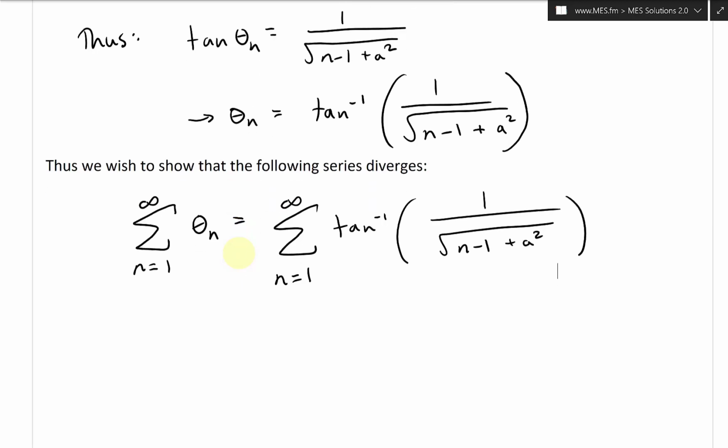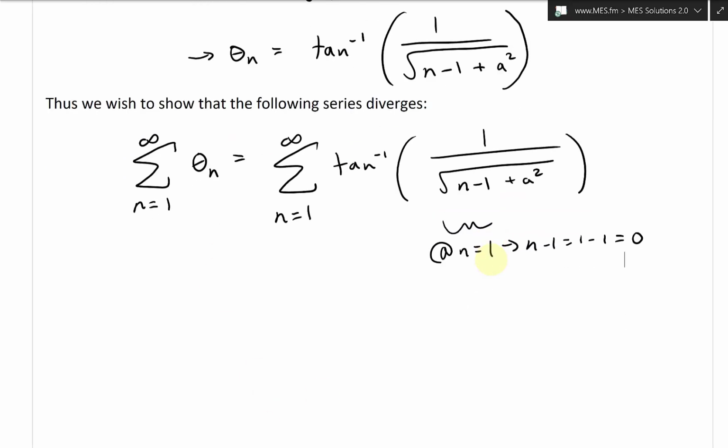Alright, so instead of having this n minus 1, because note here that the only n variable is over here, n minus 1. At n equals 1, we get n minus 1 equals 1 minus 1 equals 0. So it starts off at 0 at this phase. So we can get rid of that by starting at n equals 0. This just makes it neater.